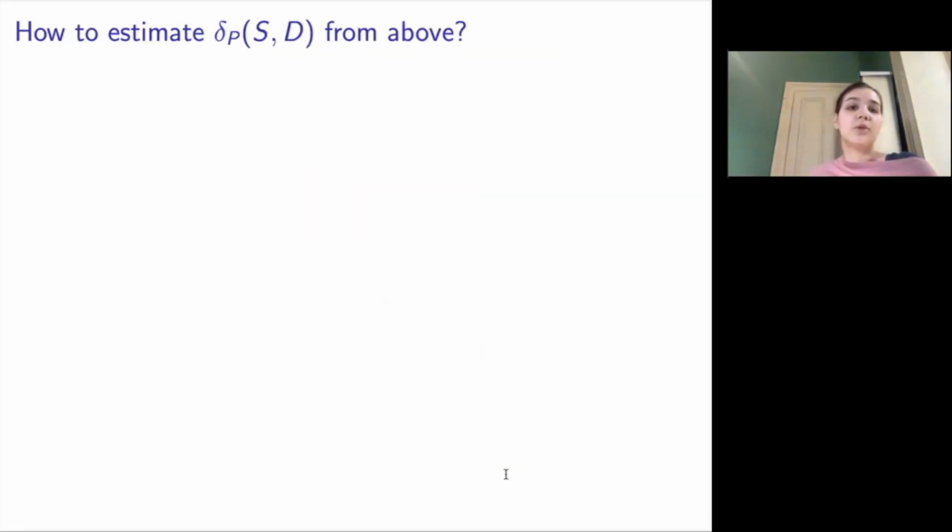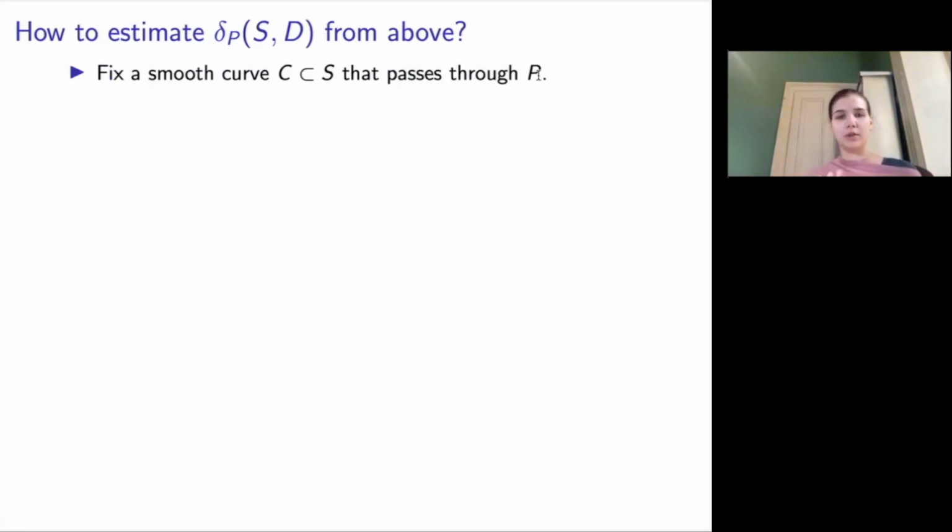Now we are interested in how to estimate it. From above, it's done as follows. First we fix a smooth curve which passes through P. So remember, now we are just on the surface. We have a point P, we have this surface.